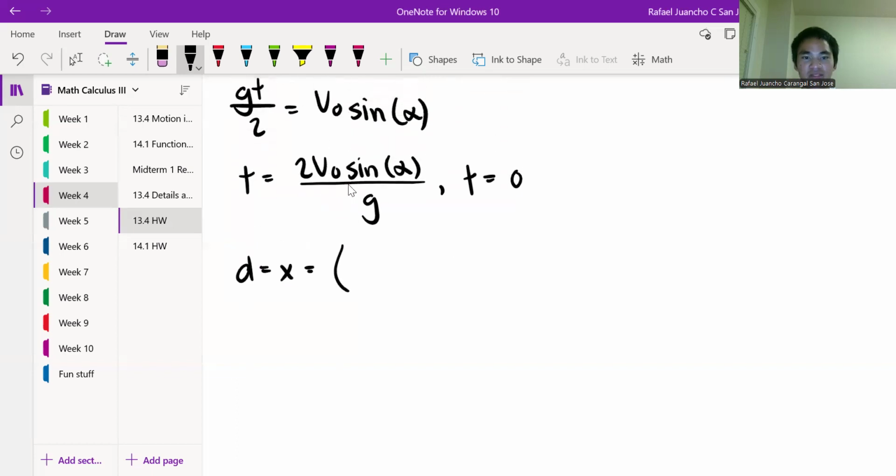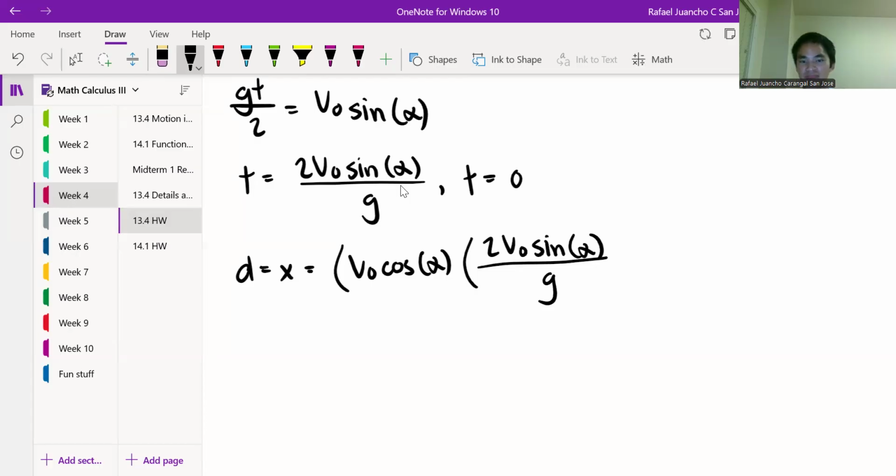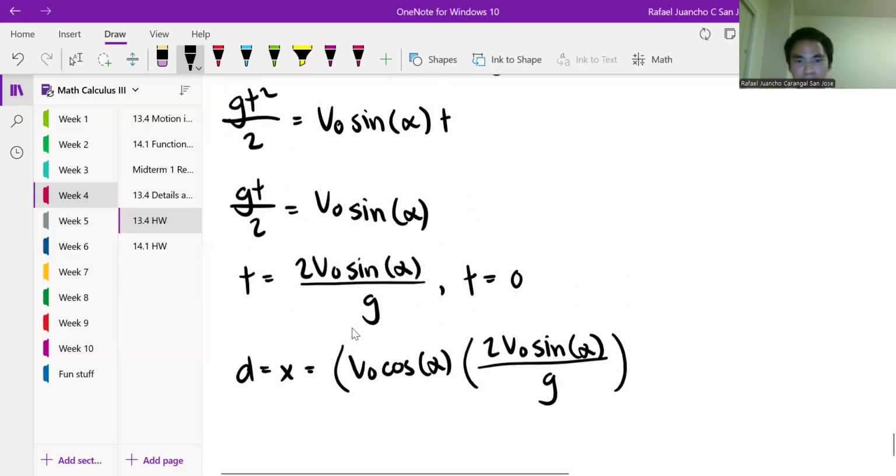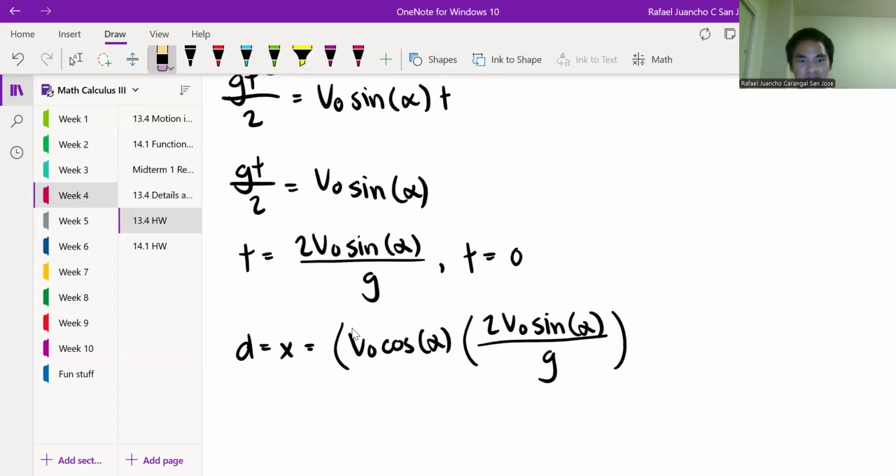And I multiply it to this thing here. So v naught cosine alpha times t. So I do v naught sine alpha over g. I just plugged it in. I think that's it, right?